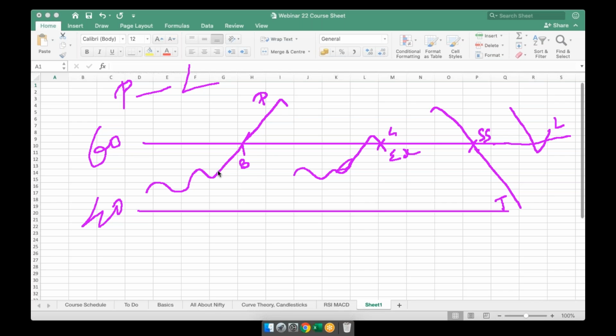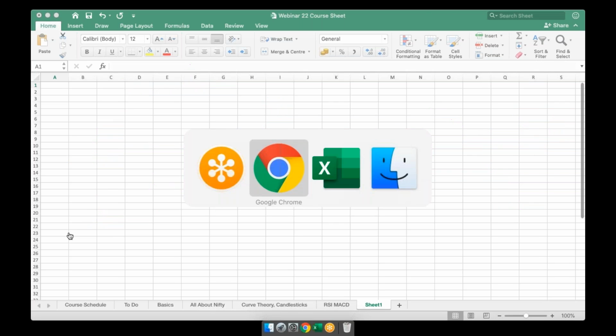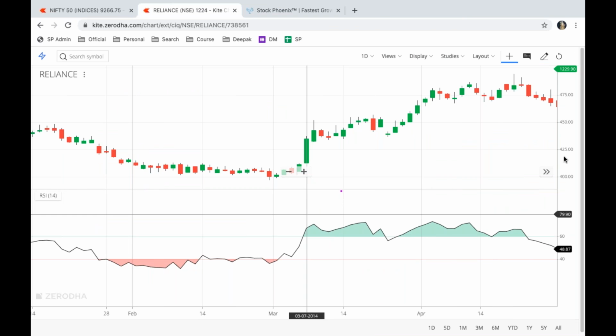Okay, so now let's see an example. You can see here, just a minute, why is this line not going?